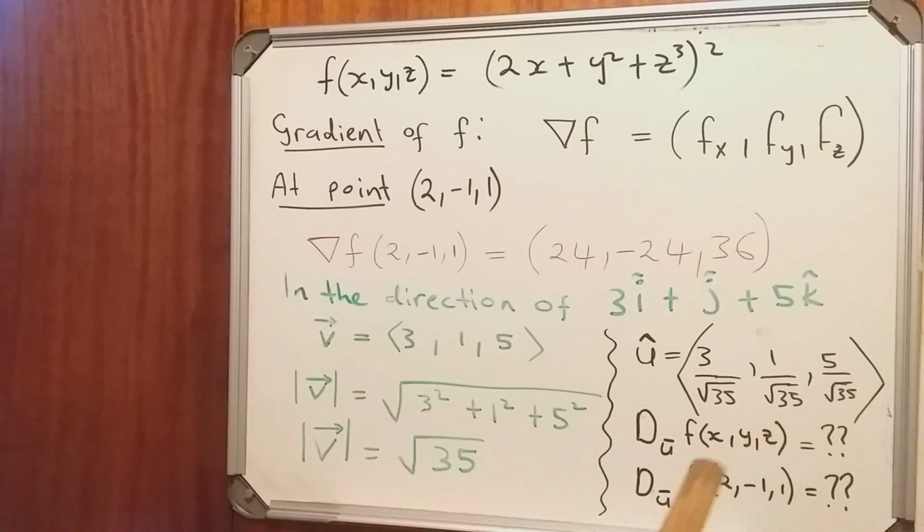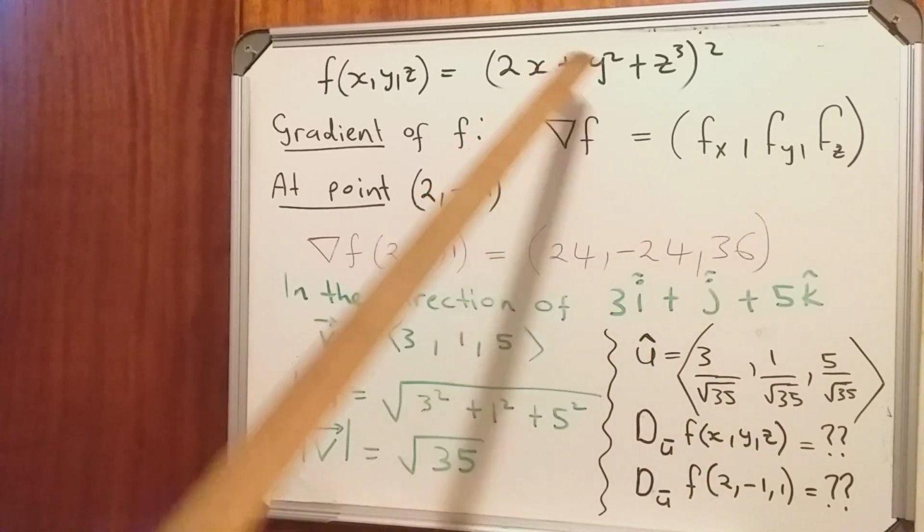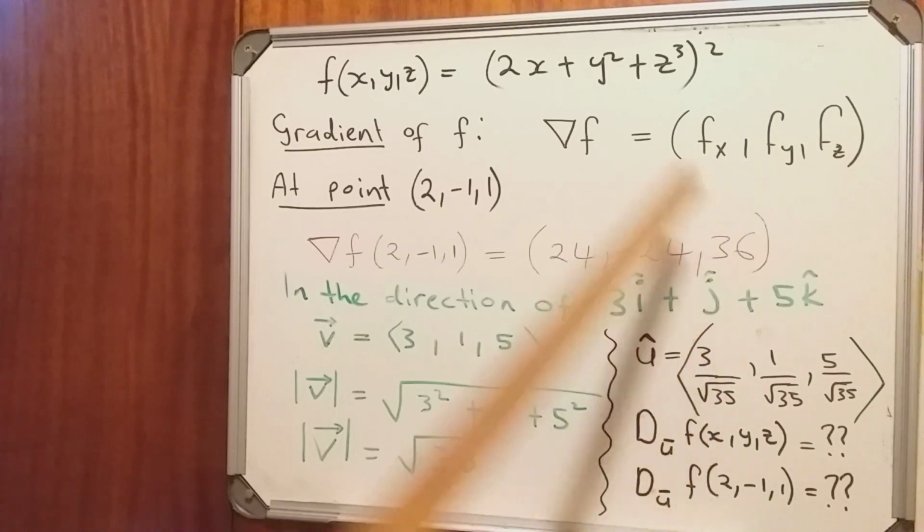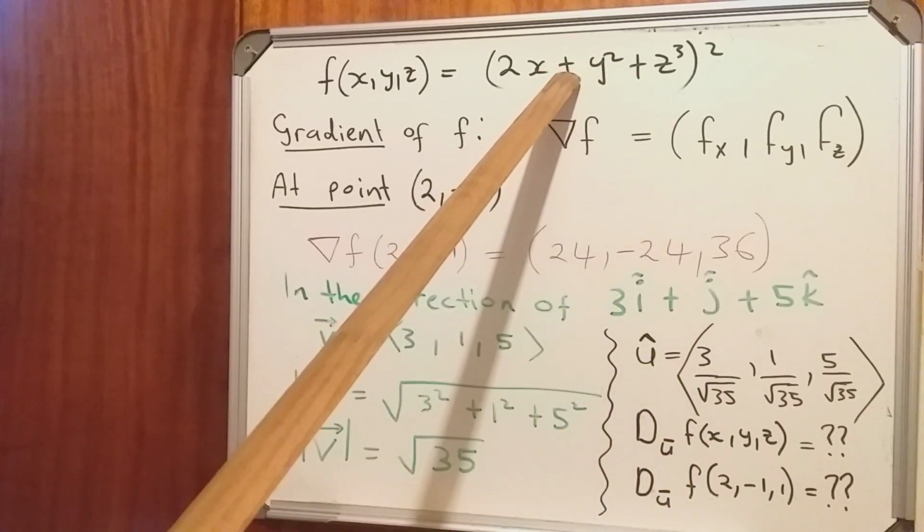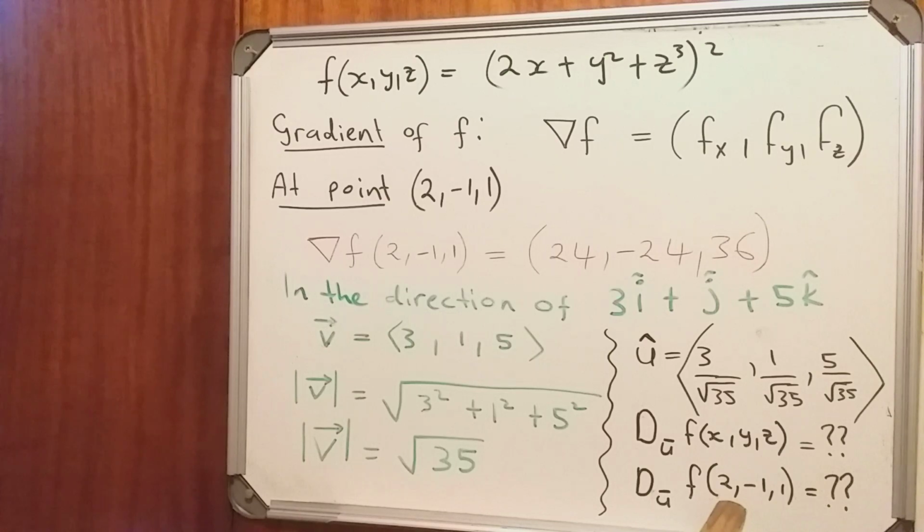So our question was, find the directional derivative of f at point 2, -1, 1 in the direction of that. This is how we represent D_u f(x, y, z), meaning the directional derivative of f, which is this function, where now we are being specific at point 2, -1 and 1.